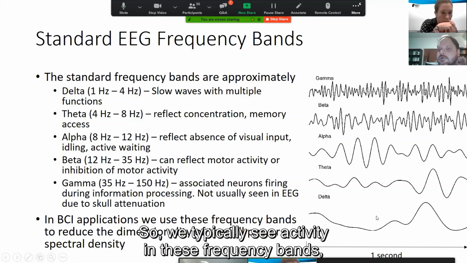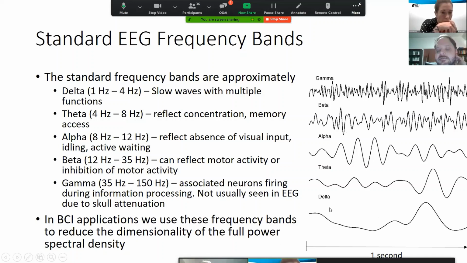So we typically see activity in these frequency bands. They're not arbitrary.